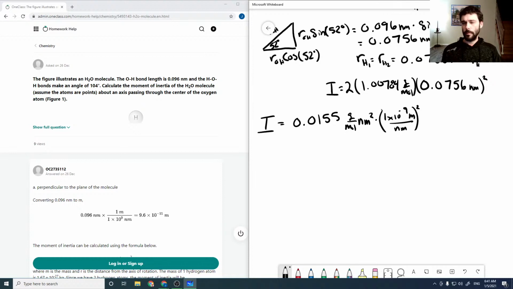So I just use 10 to the minus 9 meters per nanometer, 10 to the minus 3 kilograms per gram, and then we're going to divide the whole thing by Avogadro's number.